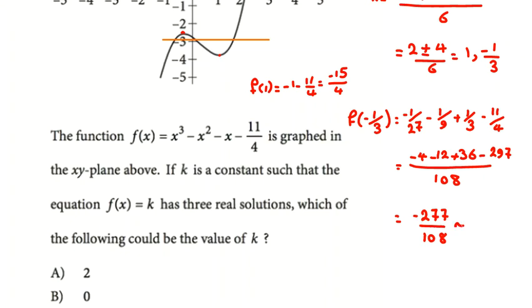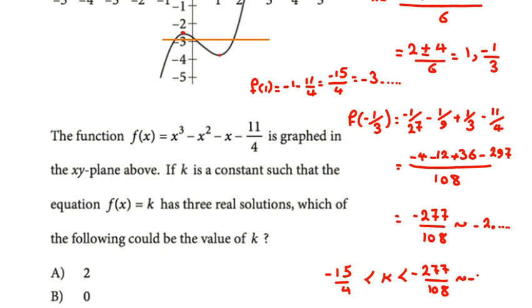Okay, so it is around what? Negative 2 point something. And here it is around what? Negative 3 point something. So K should be from what to what? It's greater than negative 15 over 4 and less than negative 277 over 108.